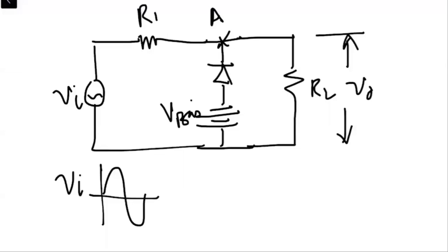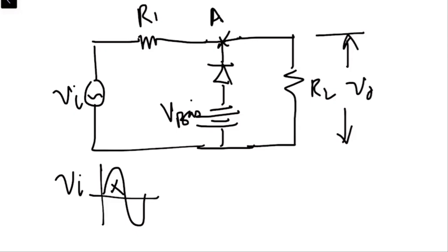Open circuit for positive. So for the positive half cycle, when the positive half cycle comes, as you can see, the diode is in this direction. So at point A, when the positive cycle comes, this means the potential over here is not making the diode forward bias, right?